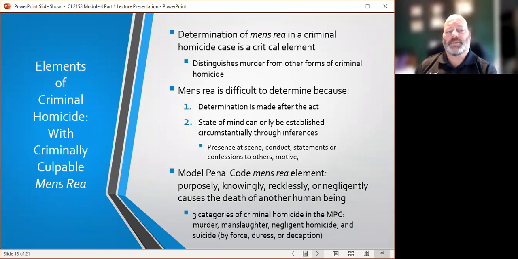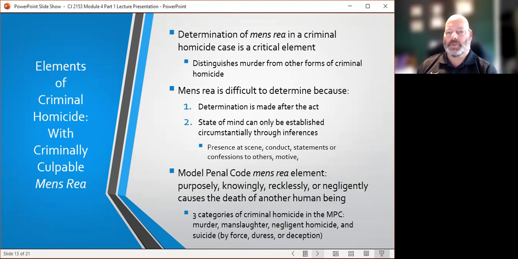Another element of criminal homicide is that the offender be criminally culpable, that they had mens rea. The determination of this mens rea is extremely critical in criminal homicide cases. It distinguishes murder from other forms of criminal homicide.